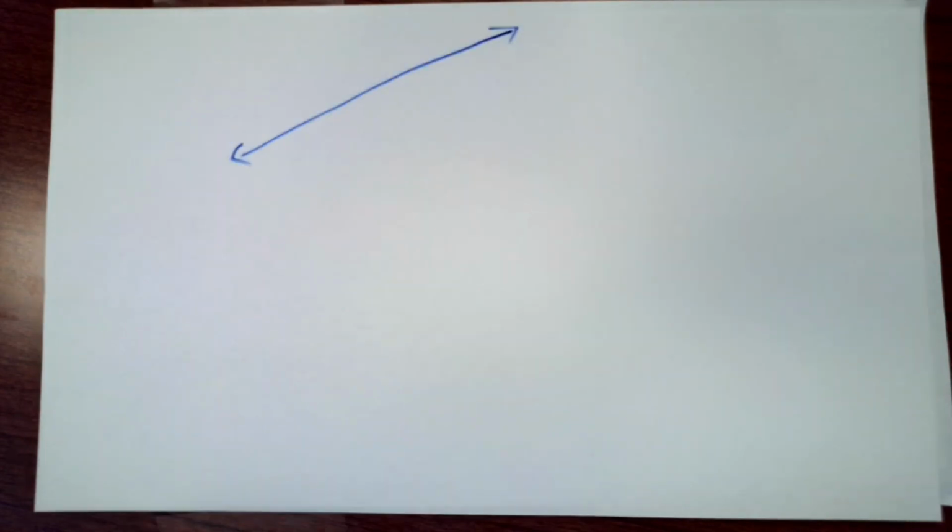If I'm thinking of a straight line, I have to specify a point on the line and somehow describe the direction of the line also.